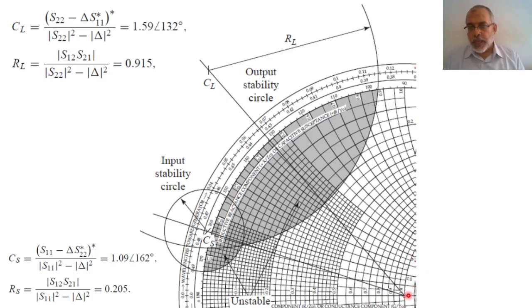So from the x-axis, I'm going to move counterclockwise until I reach the angle 162, and extend a line from the origin beyond the edge of the Smith chart until I reach 1.09 times the radius of the Smith chart.